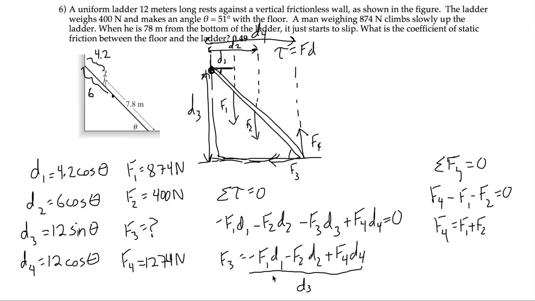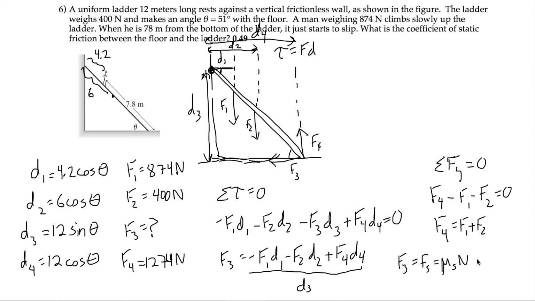Don't have a calculator with me, but I'll let you plug in all the numbers. We have everything defined. And now the last step is to figure out the coefficient of friction. F3 here is the friction force. So the last step, well, we know that the friction force, which we usually call Fs here, is equal to mu times N. And N was the normal force, which was F4.